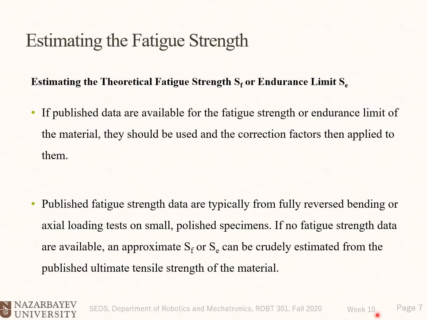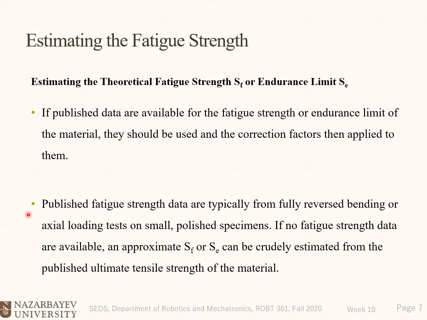And then we need to apply some correction factors, basically to take into account different environment and loads and size, because anyway those experimental data are based on laboratory environment, for example specific temperature in the laboratory. But a machine may operate in a different temperature or a different environment, and we need to use some correction factors. We will discuss what are these correction factors in coming slides.